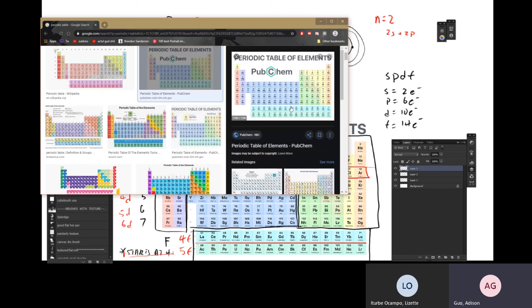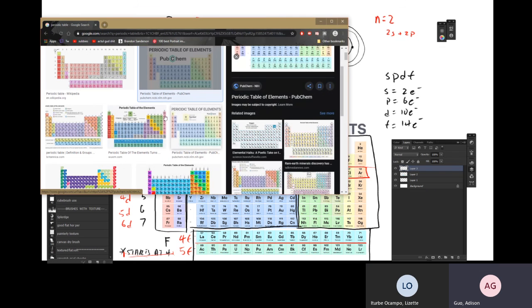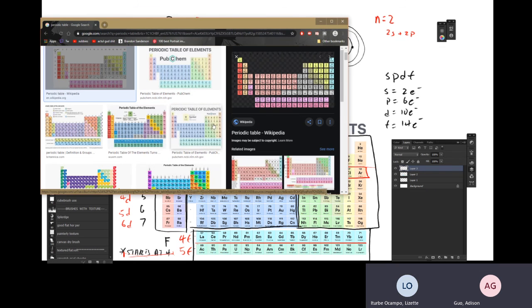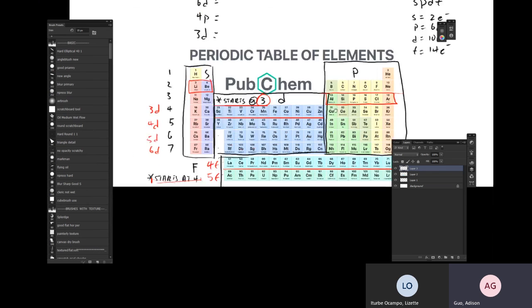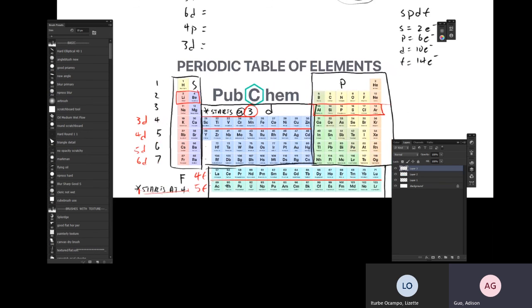Maybe this periodic table wasn't the best one to choose. Oh, I see. Okay, I'm just going to make a quick adjustment. This is 57. This is 71 minus 57. 1, 2, 3, 4, 5, 6, 7, 8, 9, 10, 11, 12, 13, 14.